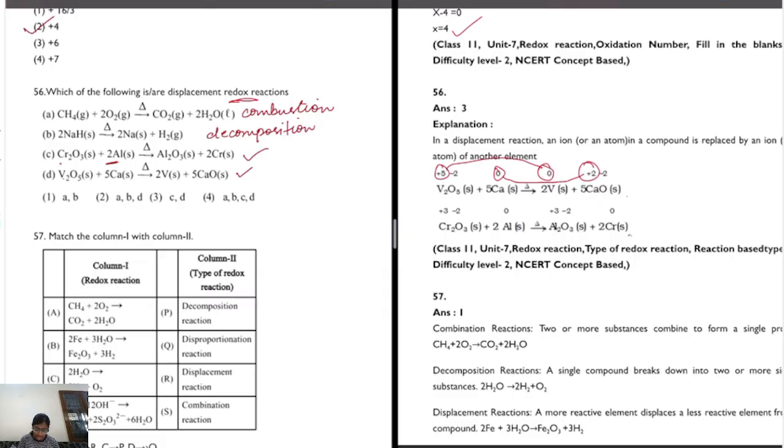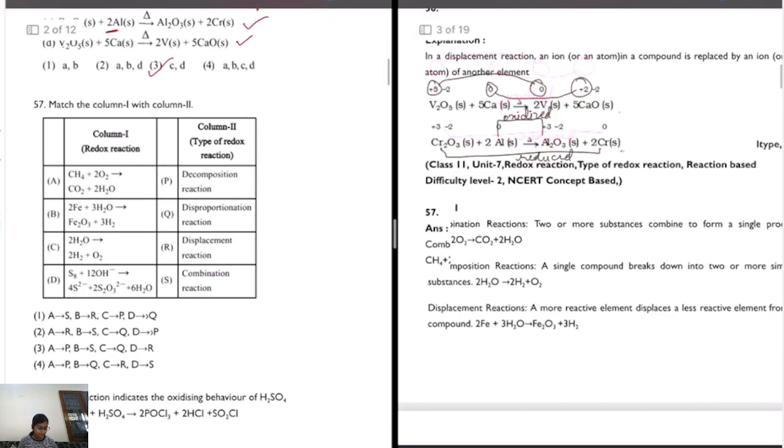In the next one, you'll see that from Cr plus 3 to Cr0, it is getting reduced. And here it is getting oxidized. And what is a redox reaction? One in which one species gets oxidized and the other species gets reduced. Therefore, the correct answer would be C and D, that is option 3.